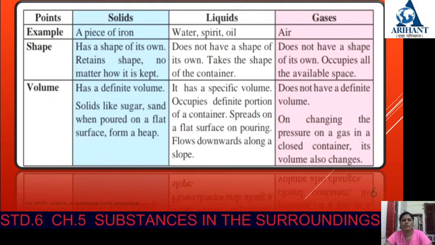So that is shape. Then the second is volume. Solids have a definite volume. Definite volume means that if we add a little water into it, it has a definite volume. That's why we can add only a few amount of water in it.